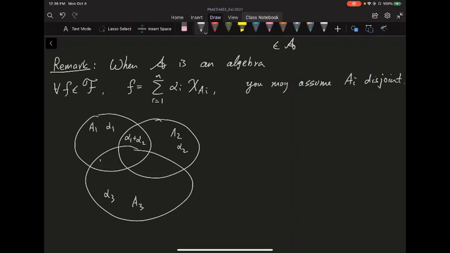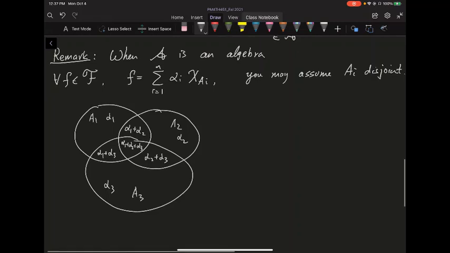And the same goes with the intersection of A1 and A3, or A2 and A3. You add their corresponding alpha. And for the thing that's in all of them, you basically add all three alphas together. That's what the function takes as its value on each of these sets.